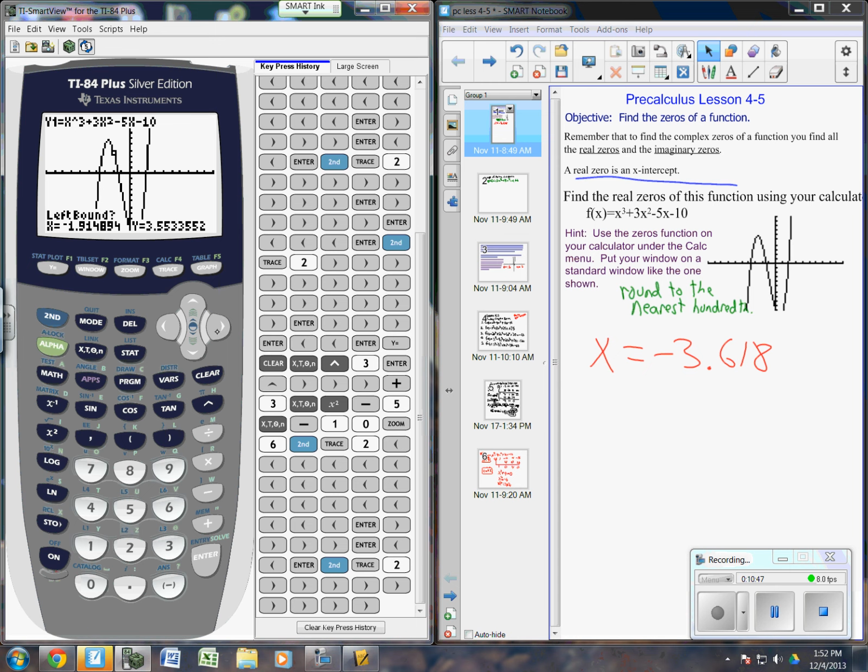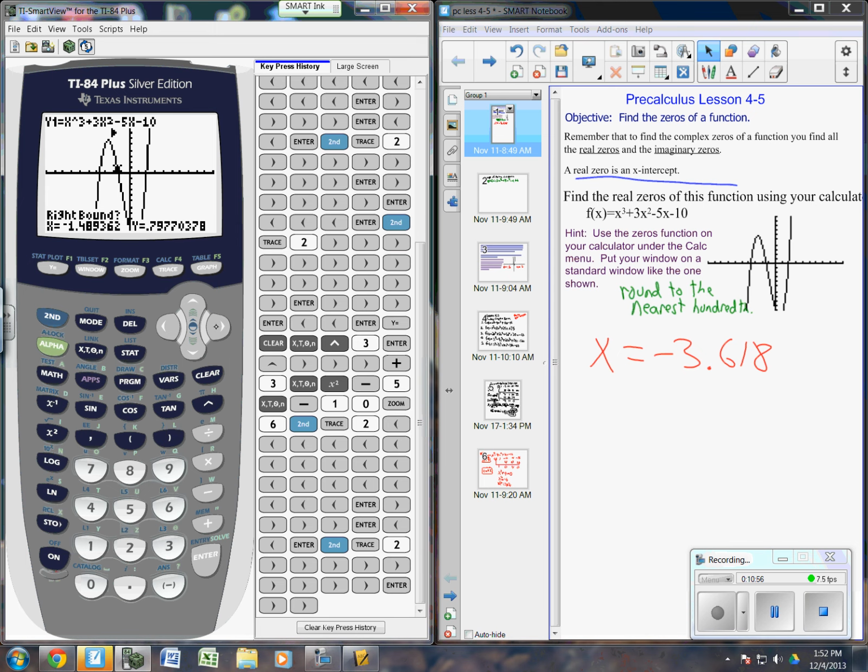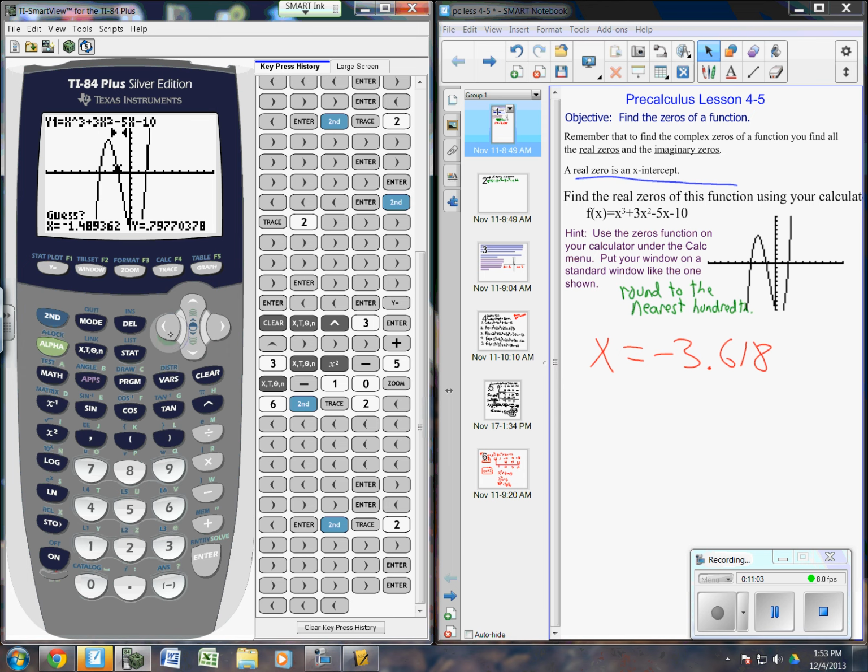This time, left is above because it's slanting down left to right. So I hit enter. It marks my left bound. I go to the right. I mark my right bound. And I get back as close to it as I can.